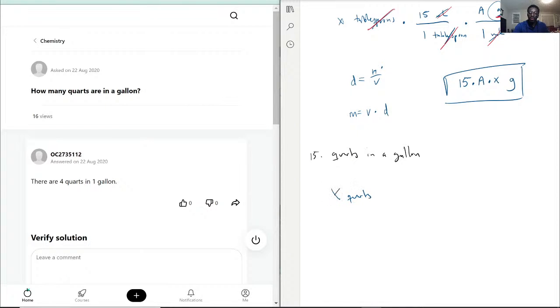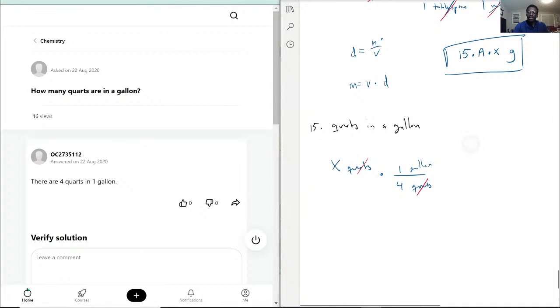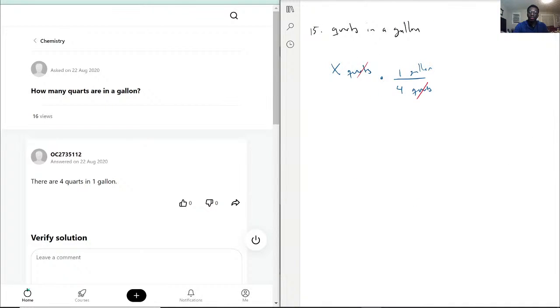So that's x quarts times, and based on this conversion, we know that there's 4 quarts in 1 gallon. So based on that, we cancel it out. So whatever quarts you have from this question, your gallon is going to be x over 4 gallons.